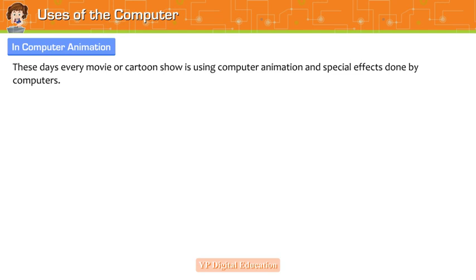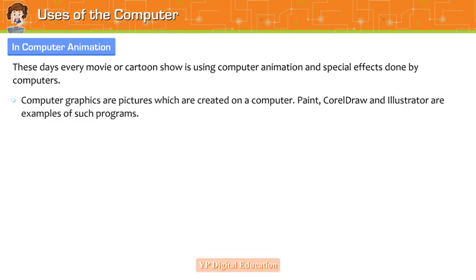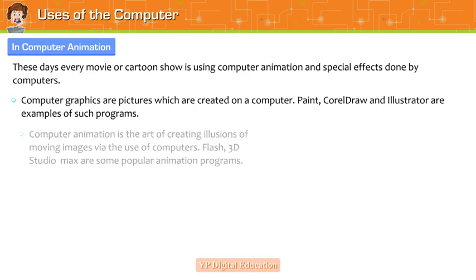In computer animation. These days, every movie or cartoon show is using computer animation and special effects done by computers. Computer graphics are pictures which are created on a computer. Paint, CorelDRAW, and Illustrator are examples of such programs.